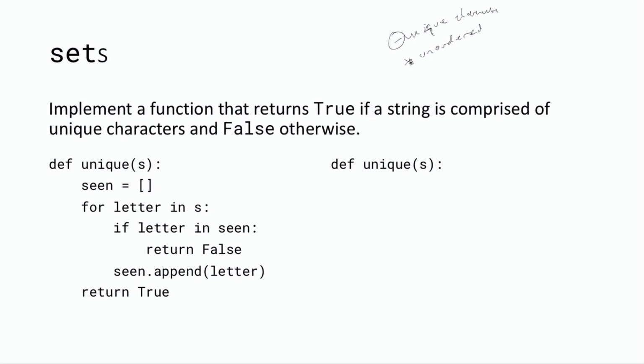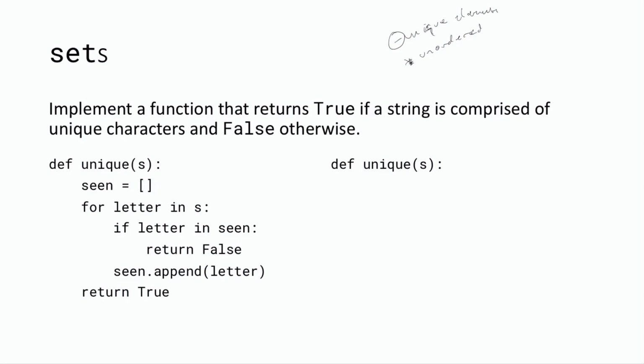You can convert a set back into a list and then do whatever list stuff you want. But again, sets are unordered. So if you have a problem where the order matters, then perhaps that's an indication that you can't use a set. But when you see something involving unique, or something involving no duplicates, that gives you a hint that you might want to consider a set.